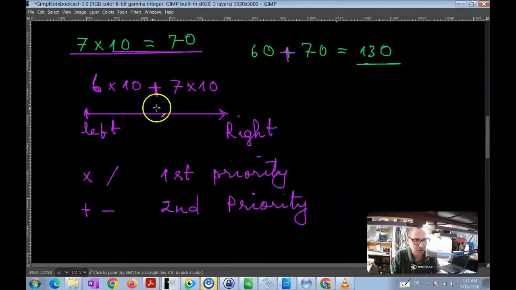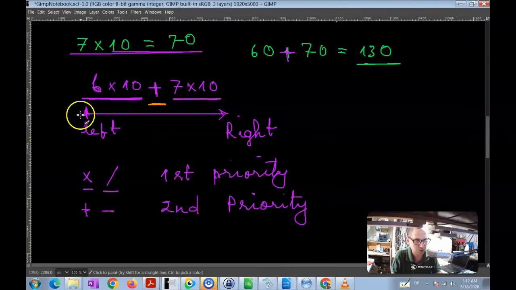So when you start from the left, whenever you see multiplication or division, you will give them the first priority. So this is the first priority, and then again this has the first priority because this is multiplication, and then addition or subtraction has the second priority.